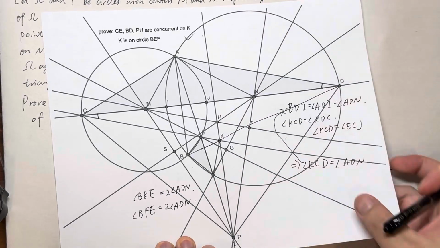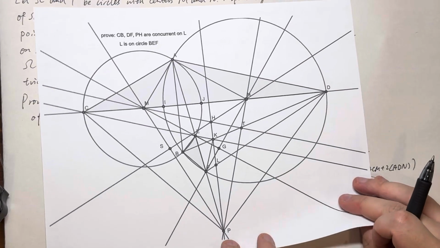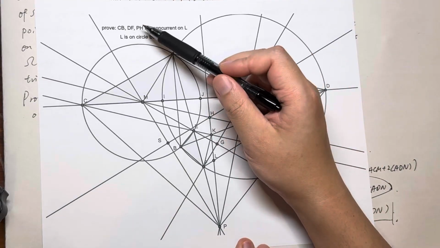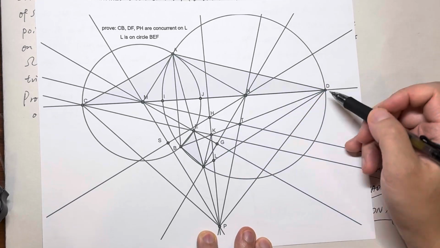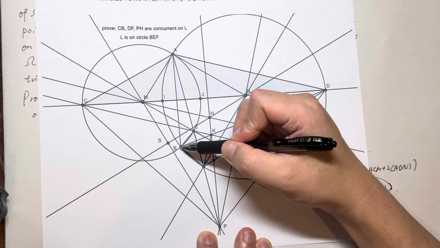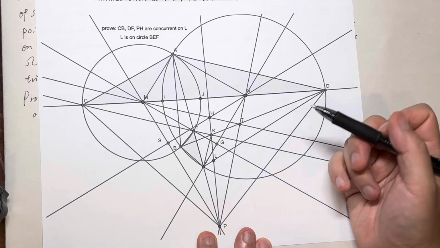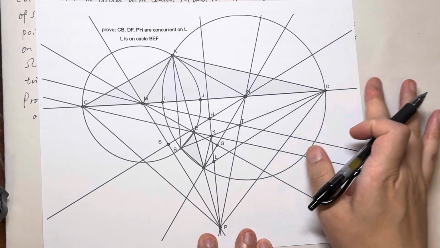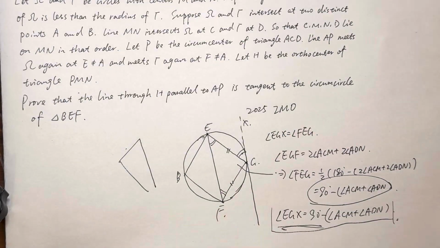We prove this. And similarly, CB, DF, and PH are concurrent at this point L. It's exactly the same as the way we proved it for K, so I'll just cut this and show the result.